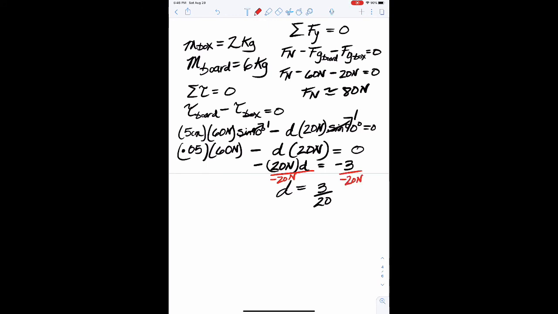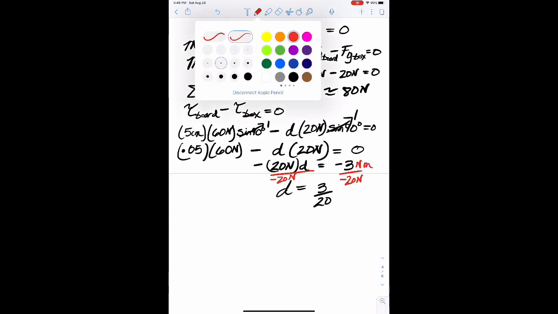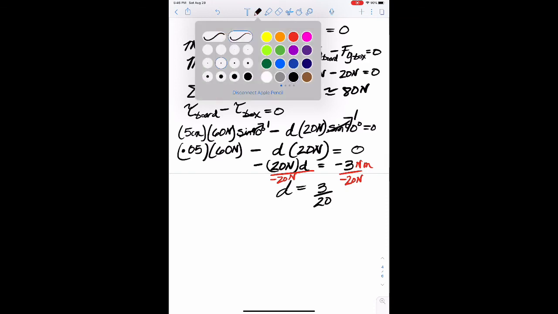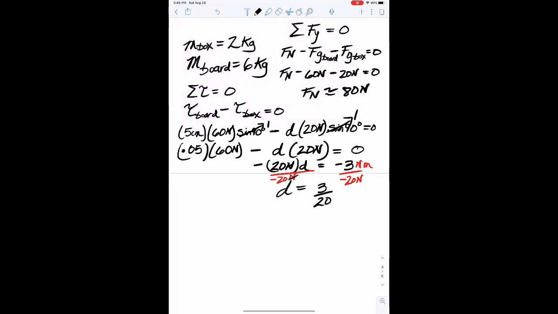I think this 3 had units of newton meters. So anyways, we can go ahead and cancel off some of that. So this is going to be meters. And D is equal to 0.15 meters, which is also known as 15 centimeters.